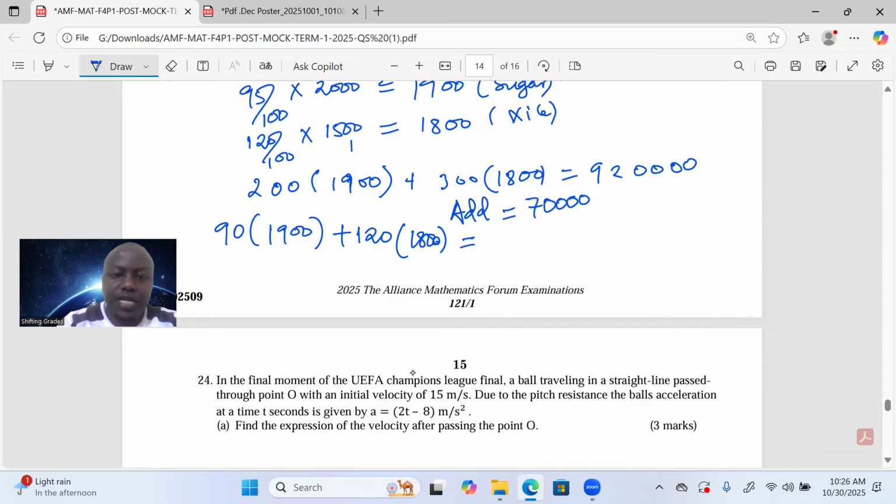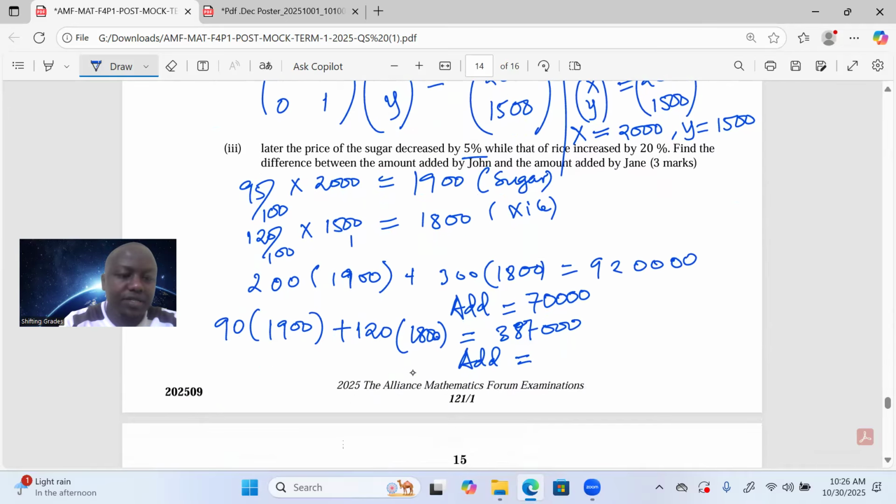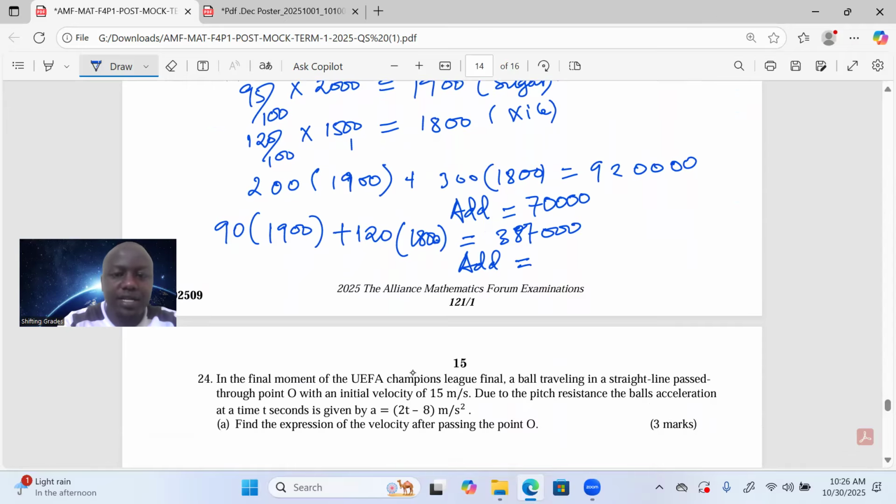So she's going to incur 387,000, meaning that she shall add. Earlier, she had spent 360,000. So how much is she adding? She will add 27,000.